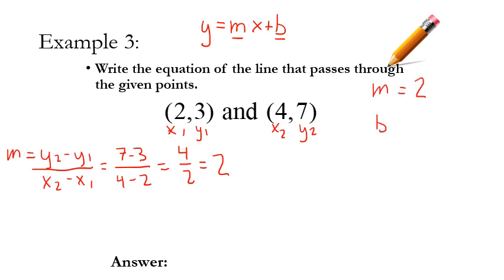I need to find a y-intercept. In that last example, we had a point and a slope. This example, I have 2 points and a slope. I get to choose which point I want to sub in to slope-intercept form to find the y-intercept. I'm going to choose this first point.